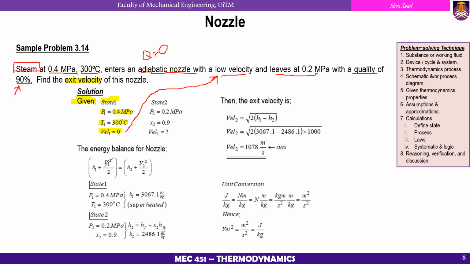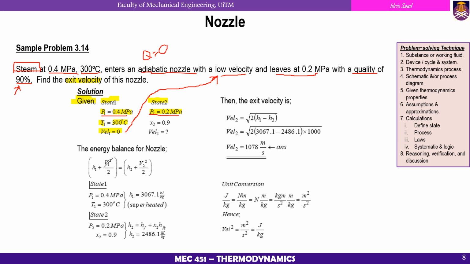Okay, so now we go for state number 2. The data that we have at state number 2 is, first, the pressure, which is 0.2 megapascal. If you can see the data, at state number 1 the pressure is 0.4 megapascal. At state number 2, the pressure is 0.2 megapascal.